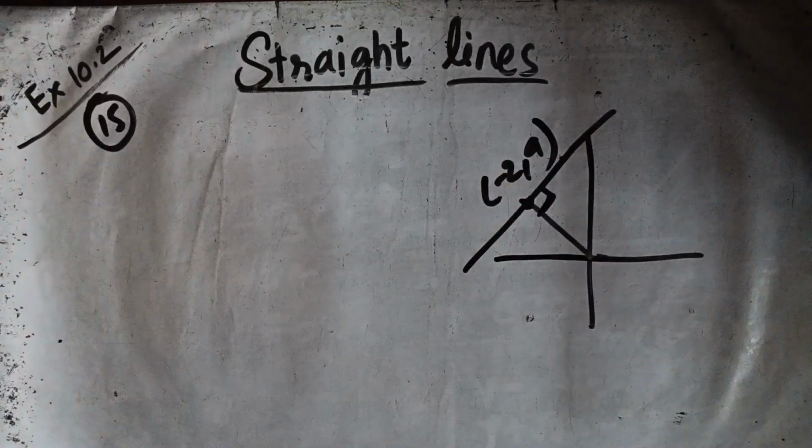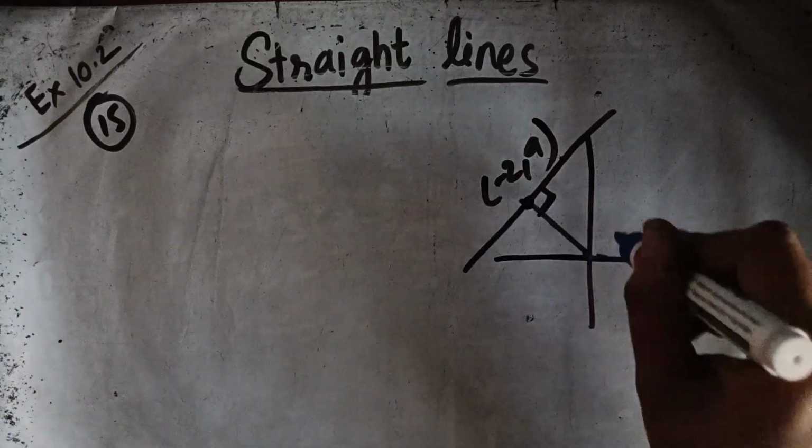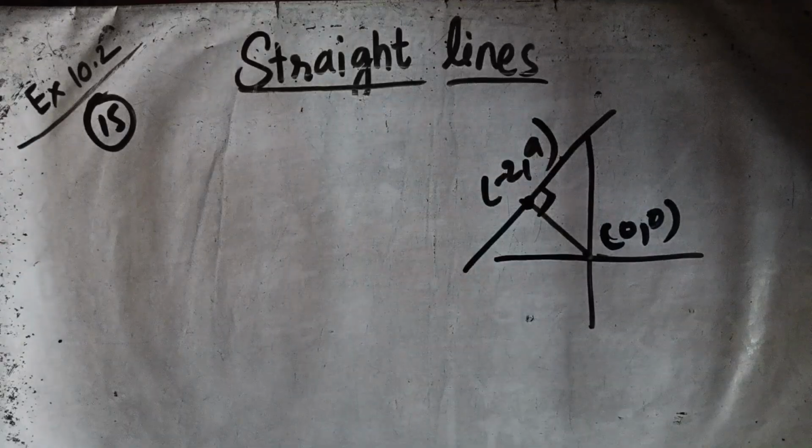This is perpendicular. Find the equation of the line. Okay. So here perpendicular means this is 90 degrees. Okay. And the second thing is we have 2 points, this point and this point, that is (0, 0).